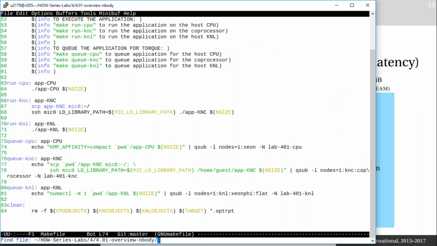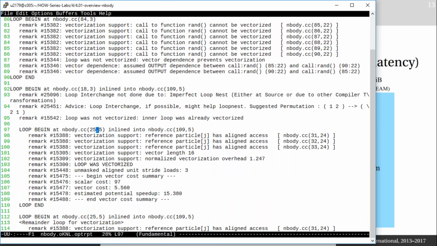Let's see what it does. We already saw that this was clean. But if we look at the loop one level out, the compiler recommends loop interchange.